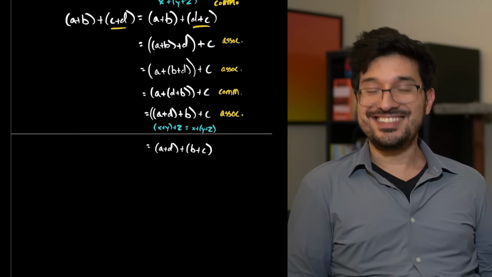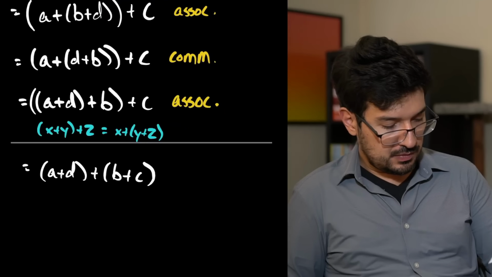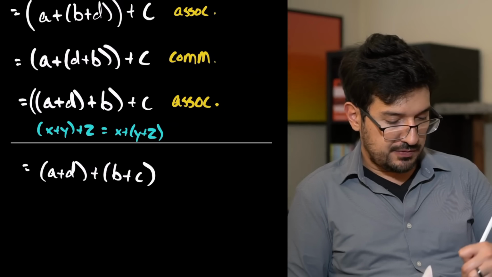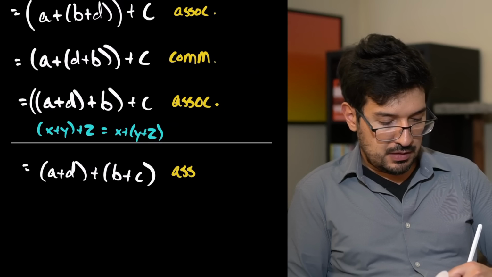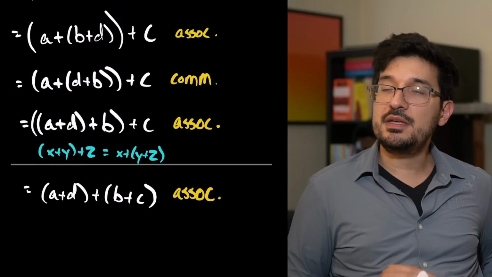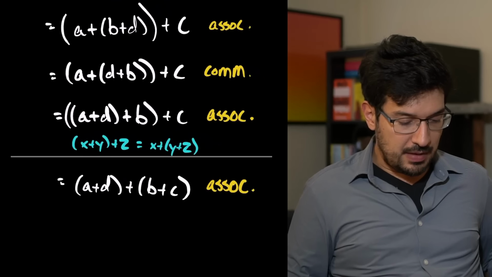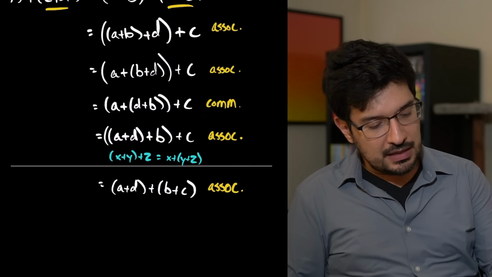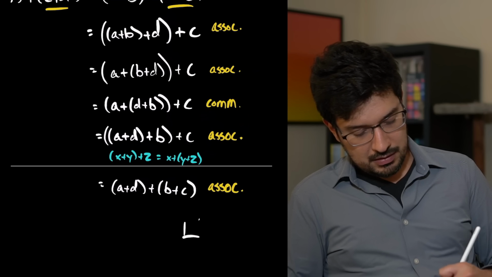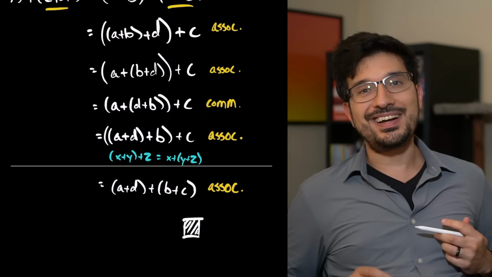Now we are done. So at the end of a math proof, every step along the way I've justified my steps. I used shorthand, but by associativity, by commutativity, associativity. At the end of a math proof, it is conventional to draw a cute little square.